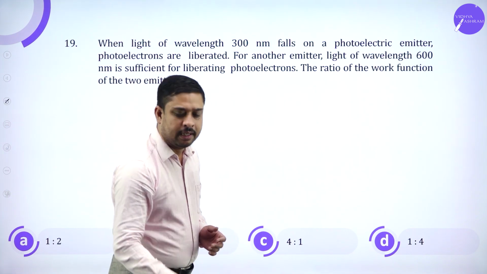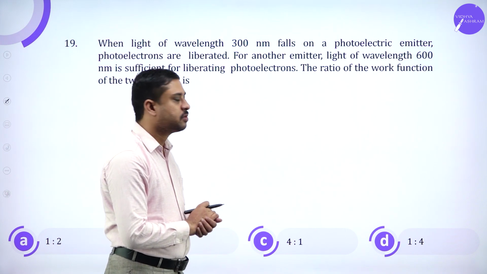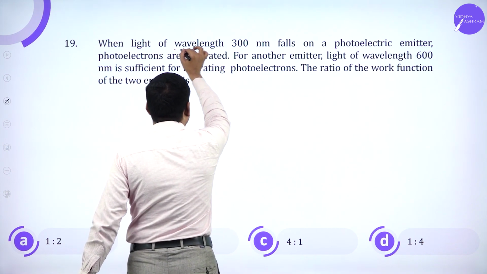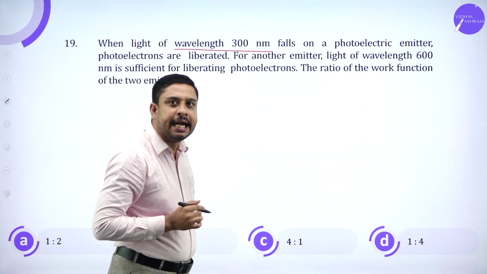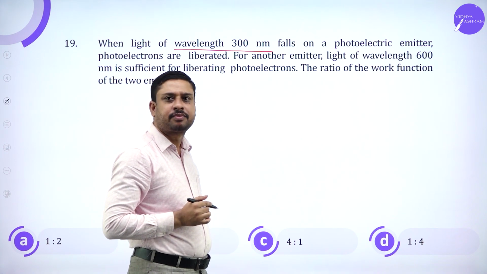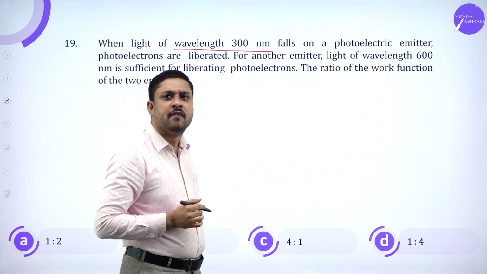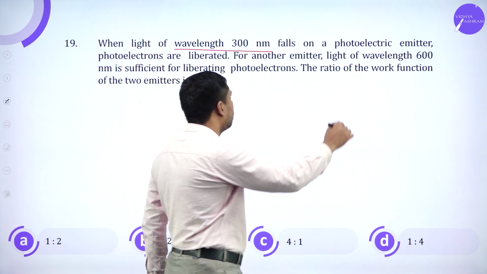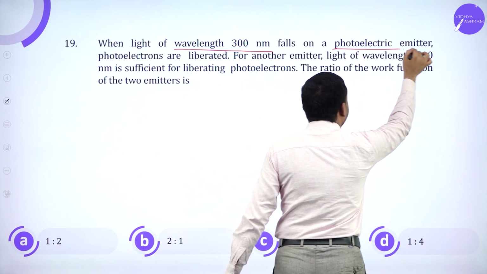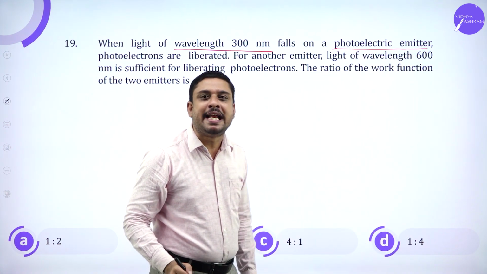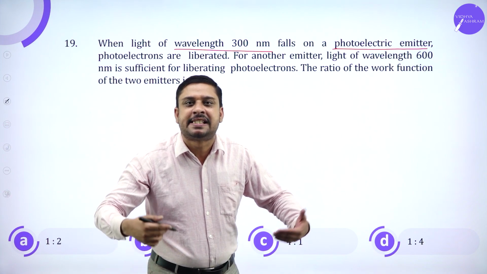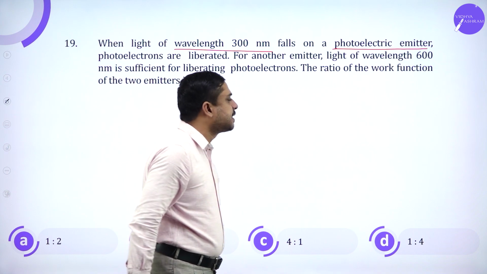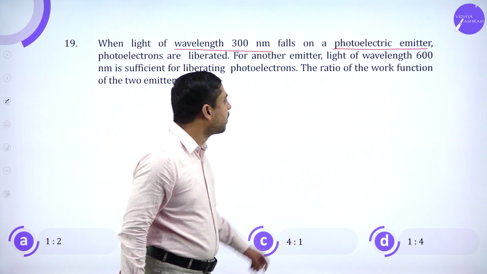Now, the next question. When light of wavelength 300 nanometer falls on a photoelectric emitter surface, photoelectrons are liberated.